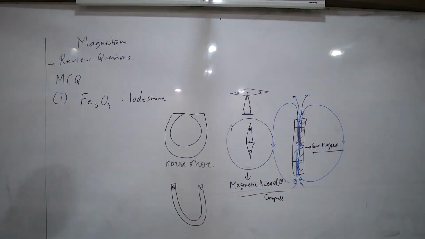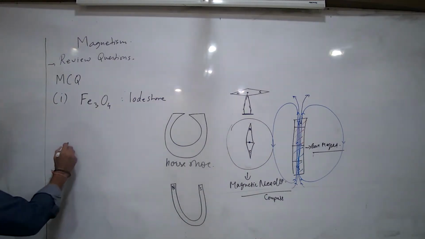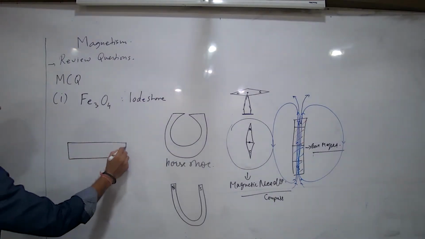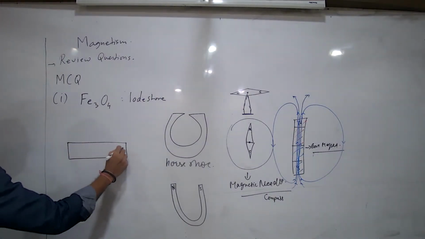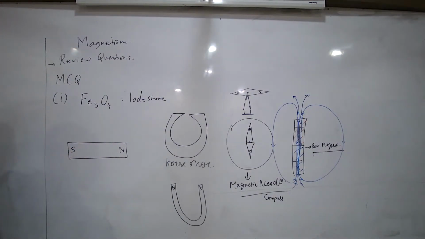See, what all does a magnet have? Let's say this is north and south. So what is the magnetic axis? The poles of the magnet are north and south. From north the field will come out, and into south it will enter, outside the magnet; inside the magnet, south to north. That you have seen.